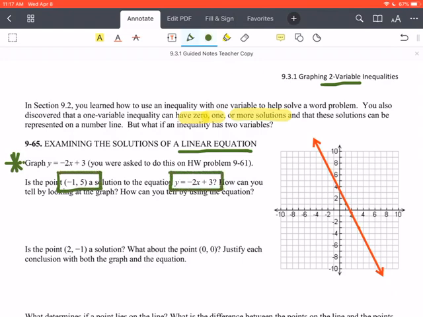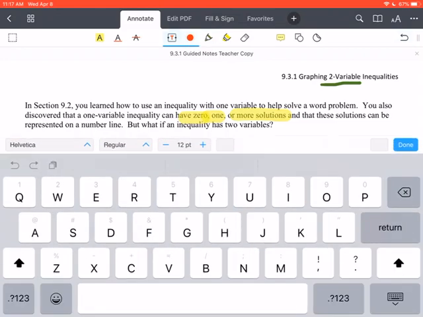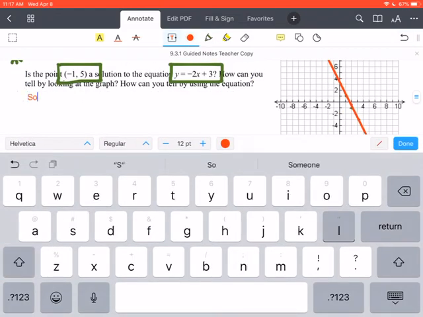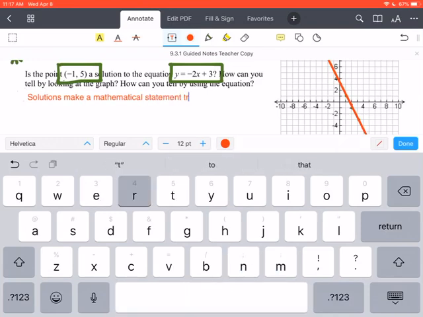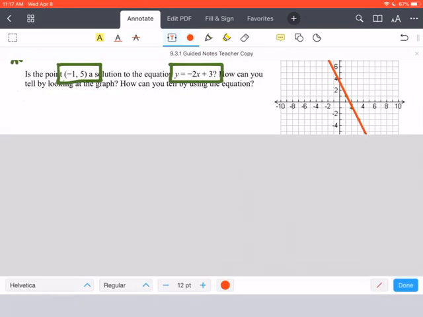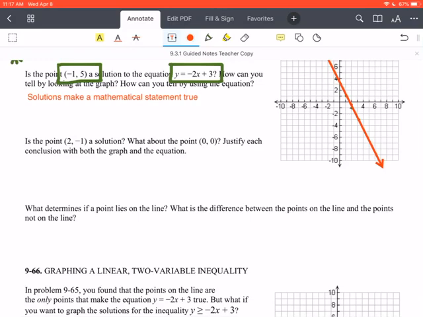Now, what do we know about solutions? Okay, well, solutions, actually I'm going to type. Okay, we know that solutions make a mathematical statement true. That is something that we need to know for any problem we're approaching.